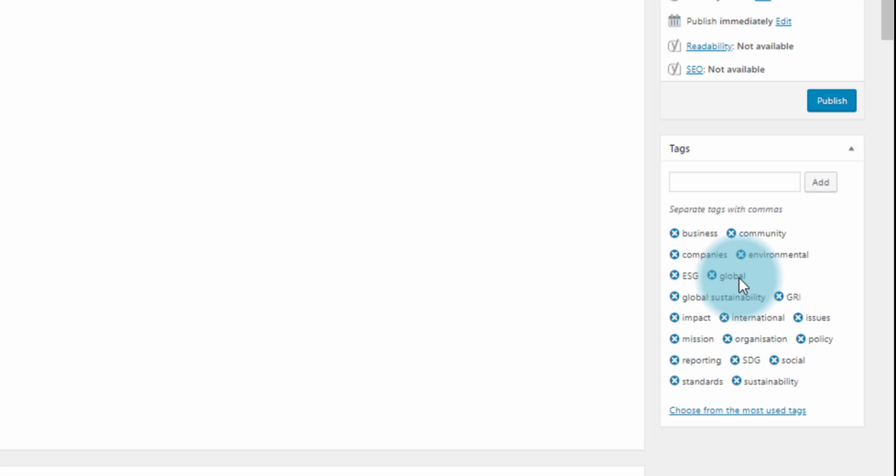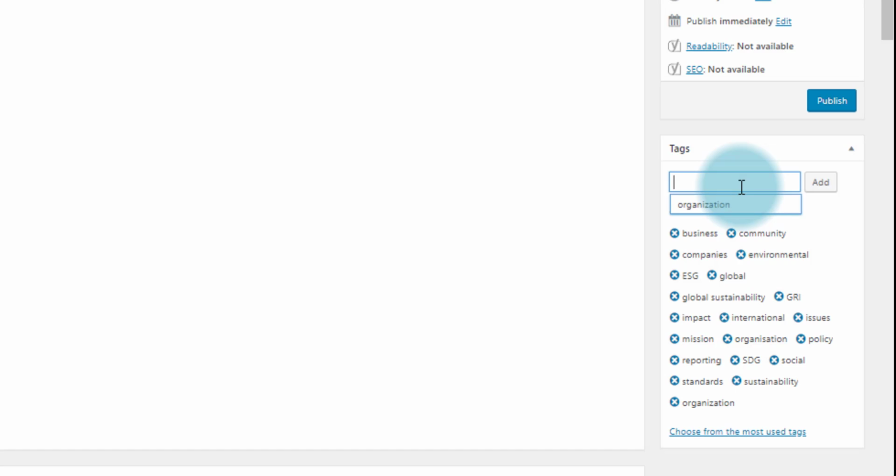So here we've got global and global sustainability, because people might be searching for either. We have organisation, but we should also have organization with a Z, just in case. But other than that, it is looking good.